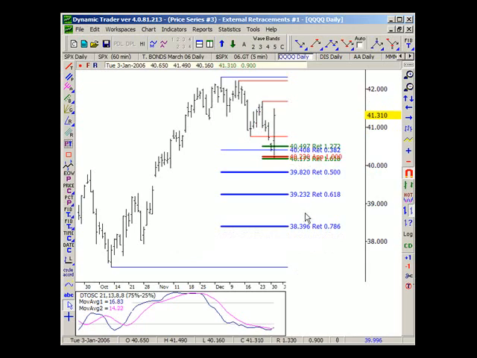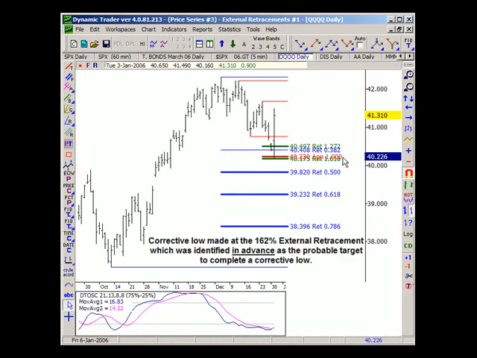And there we had that wide range outside reversal day right at the 162% external retracement, which in advance we confirmed was the high probability target to complete this corrective low by our alternate price projection and by our momentum study, which is indicating we were coming into a low that was likely to last several weeks, because this momentum indicator only makes reversals at the longer term highs and lows.